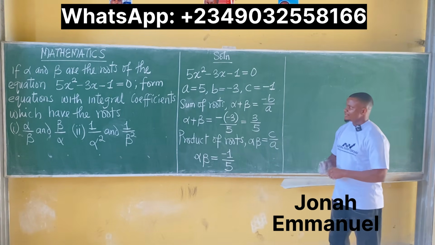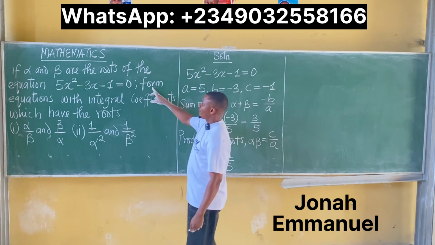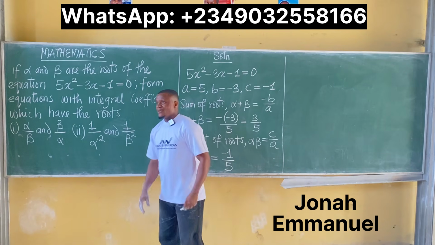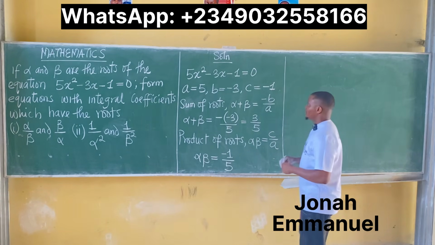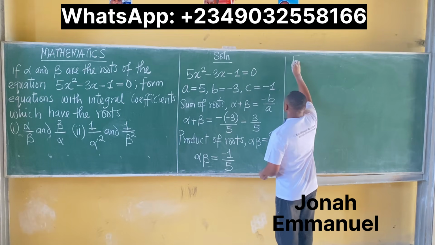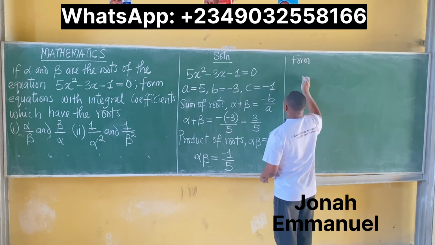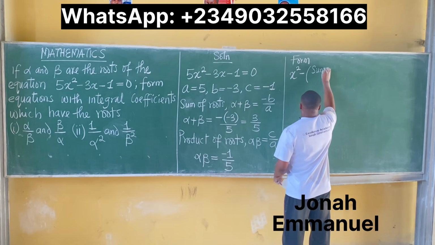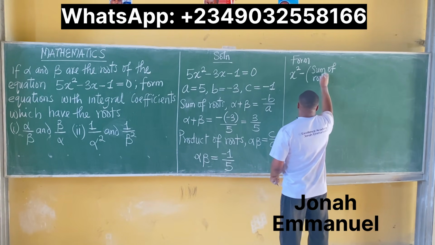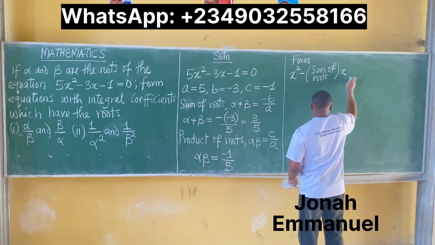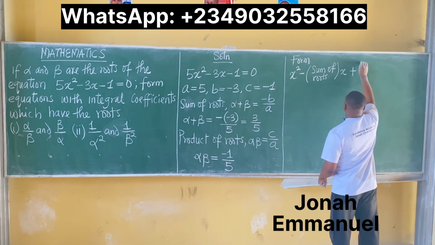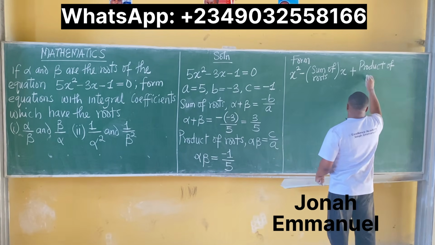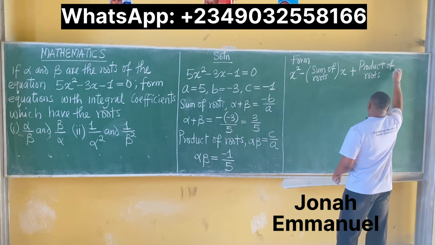So we've gotten our sum of roots as well as our product of roots. Now, if you're asked to form an equation with integral coefficients, a quadratic equation takes the form x squared minus sum of roots times x plus product of roots equal to 0.